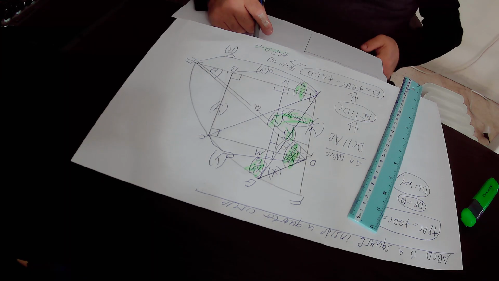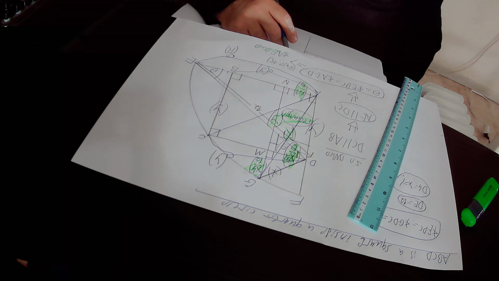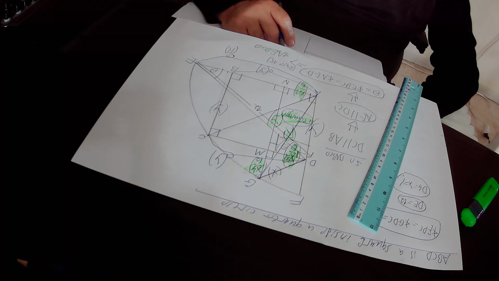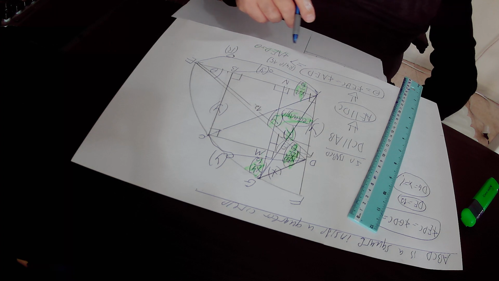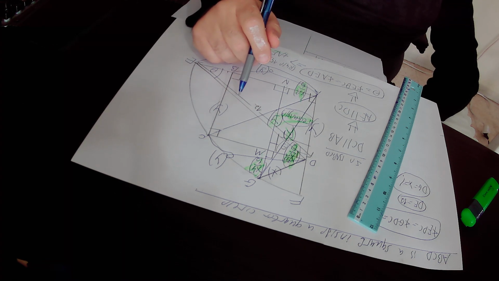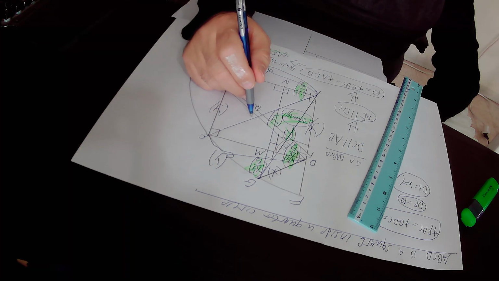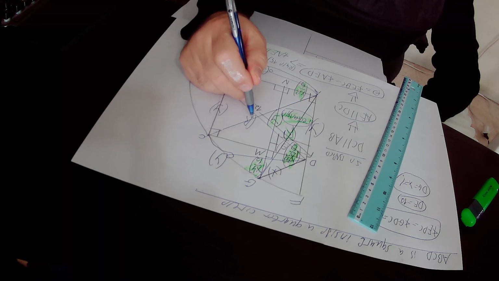But what is the definition of line segment AC? Line segment AC starts from point A, that is the center of this quarter circle, and goes to point C, that is a point on the quarter circle itself. So this is exactly the definition of a radius. Therefore, AC is the radius of this quarter circle, that equals R according to our definition.